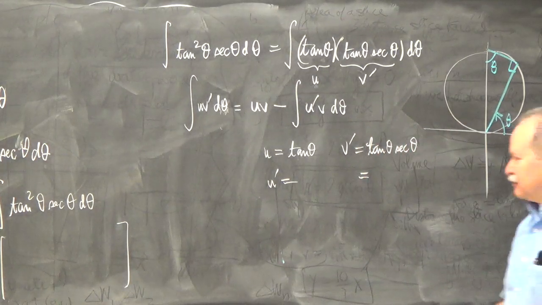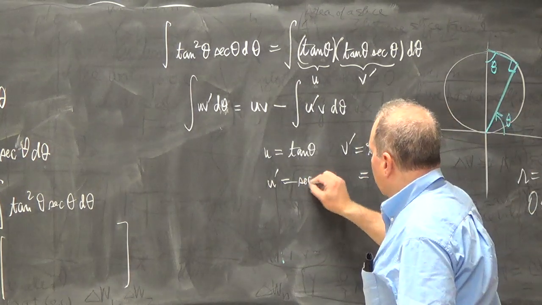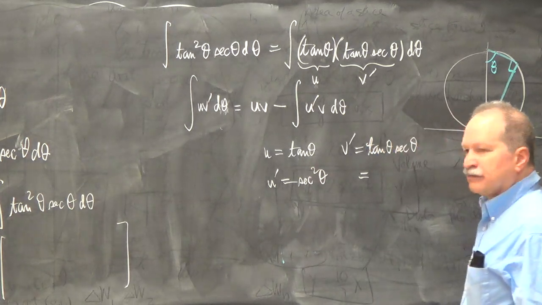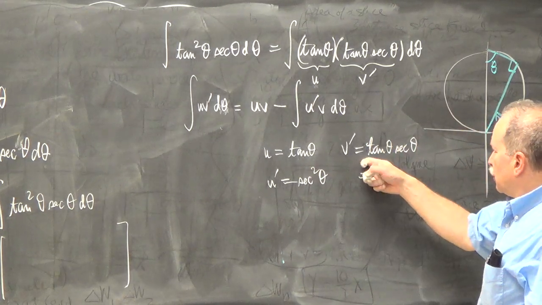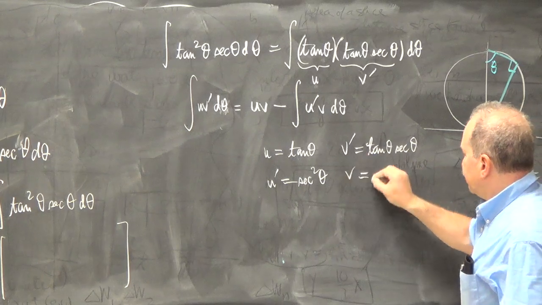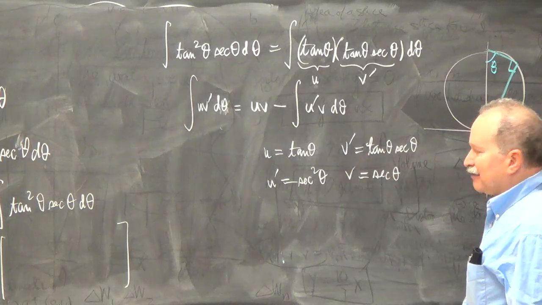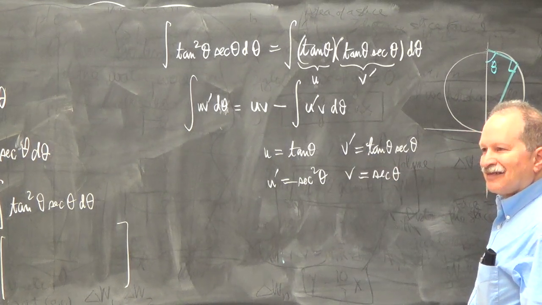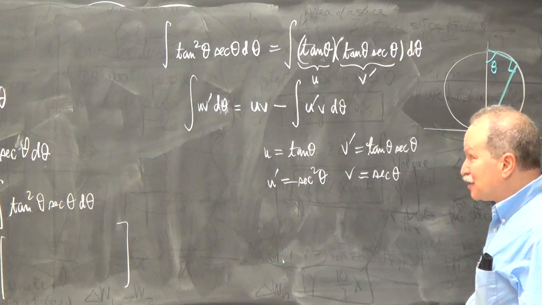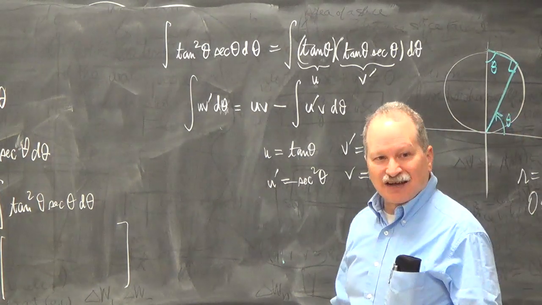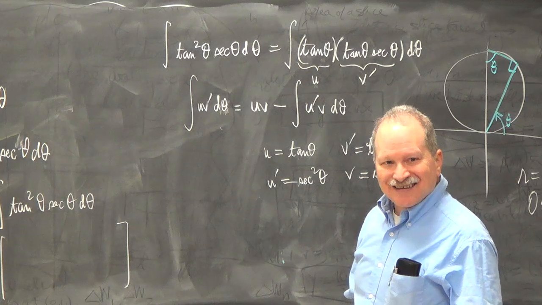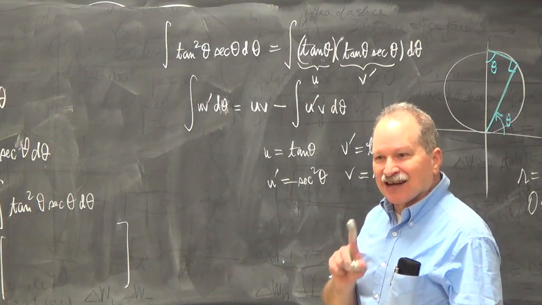Derivative of tangent is secant squared, and the integral of tangent secant is secant. Oh, look at that. Another secant cubed. And you say to yourself, oh no, but it's perfect because it comes with a negative.